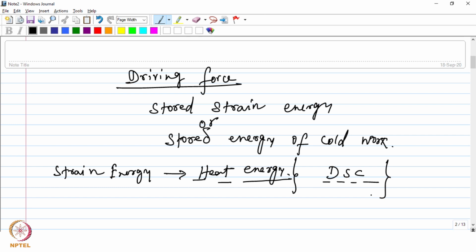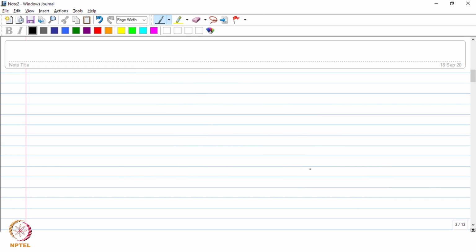And another way of looking at it, in physical terms, as to how exactly this strain energy comes out, and the way you can visualize it, is through two samples. One will be used as the standard, which is an annealed sample, and another is the cold worked sample of the same material.